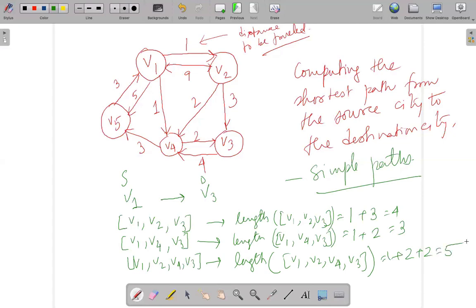So, as I said, this is an optimization problem and you can have multiple candidate solutions. Each candidate solution has a value associated with it.